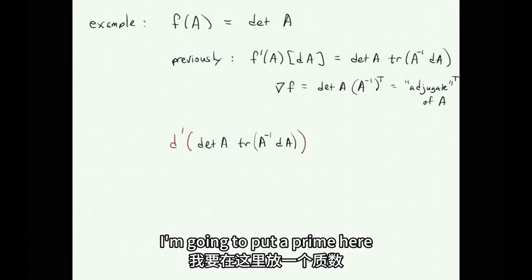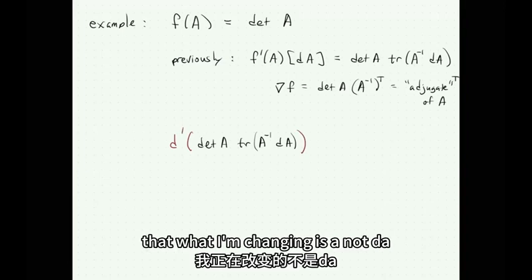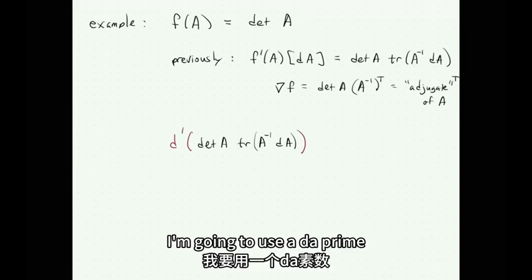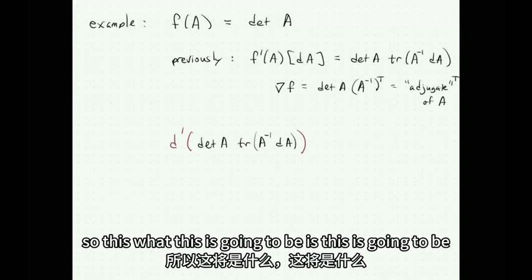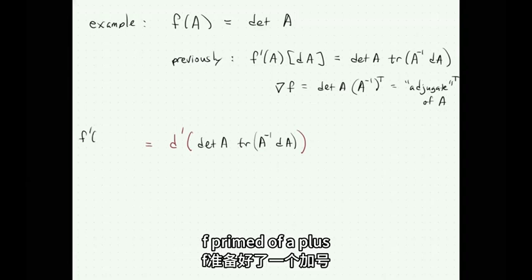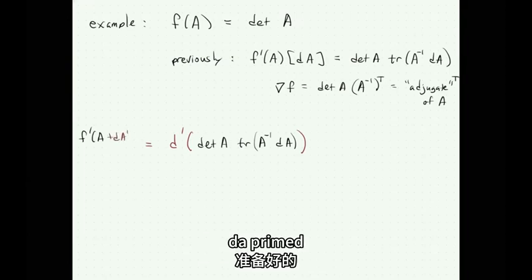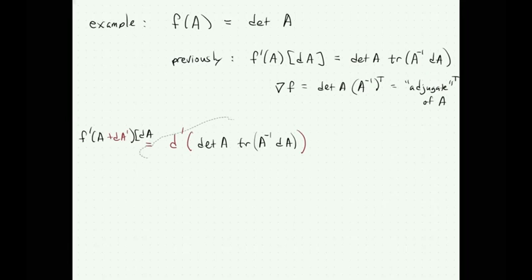I'm going to put a prime here, just to make it clear that what I'm changing is A, not dA. I'm going to use a dA prime. So d primed of this is going to be our f prime of A plus dA prime acting on dA. Let me give myself a little more space.